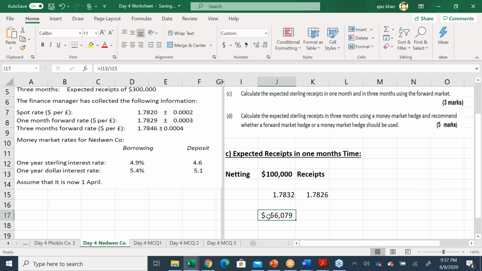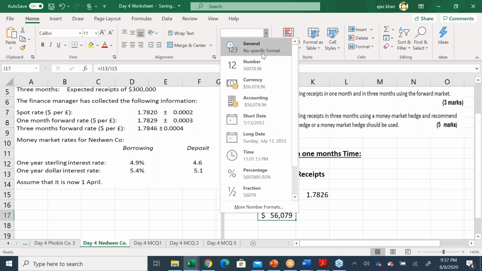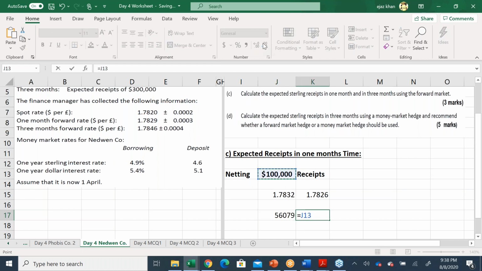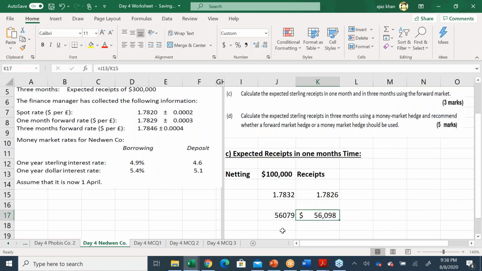These are not dollars, these are pound sterlings, right? Or the bank will be paying you this amount. So which amount do you think bank will be paying you?